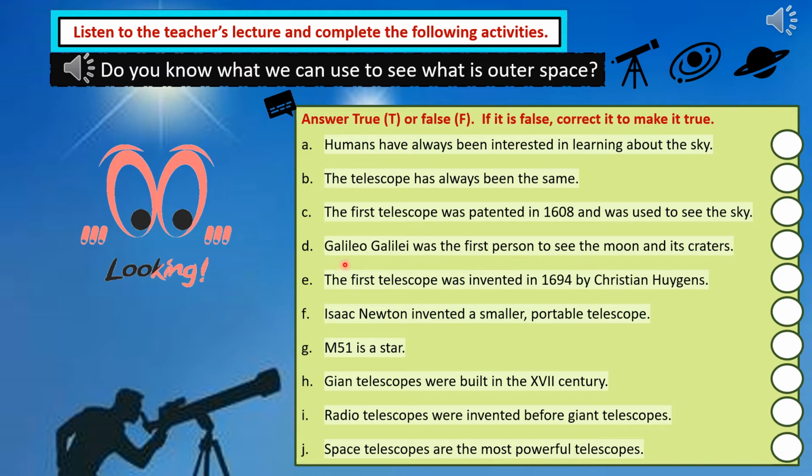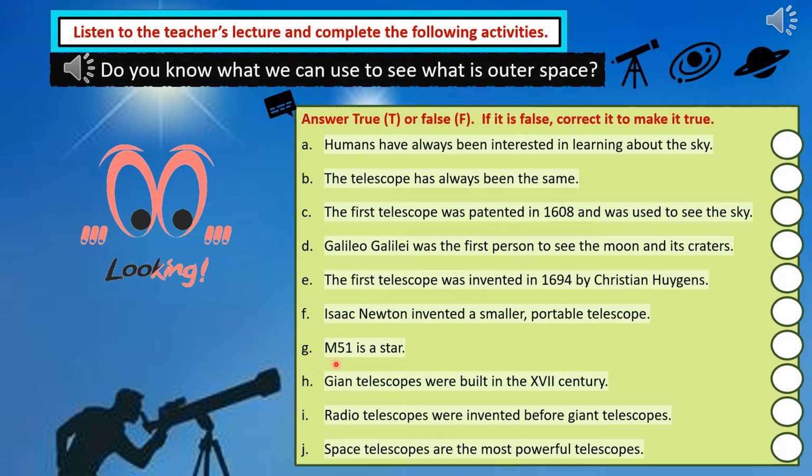D. Galileo Galilei was the first person to see the moon and its craters. E. The first telescope was invented in 1694 by Christian Huygens. F. Isaac Newton invented a smaller, portable telescope.